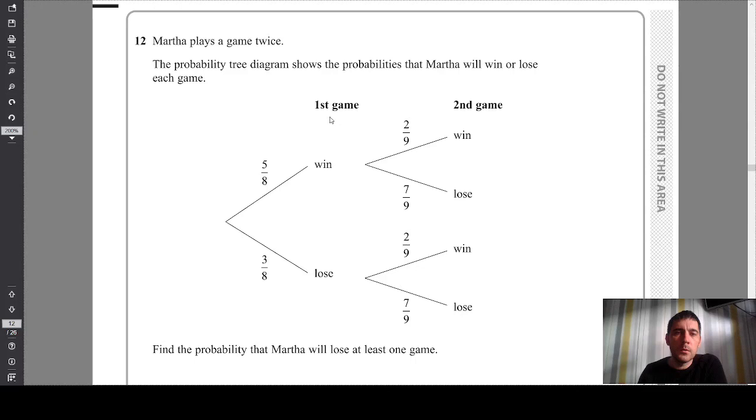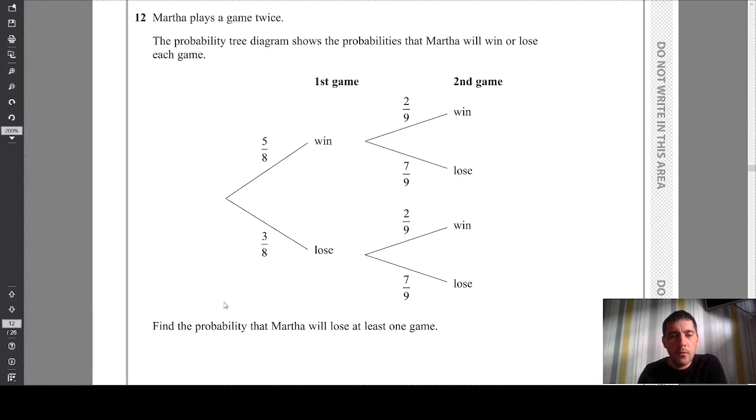So we've got first game, we've got second game. Probabilities should add up to 1 in each game, so let's check if that's correct. So 5 plus 3, yeah, that's 8 out of 8. The probability for the second game is slightly different, so she's more likely to lose the second game.